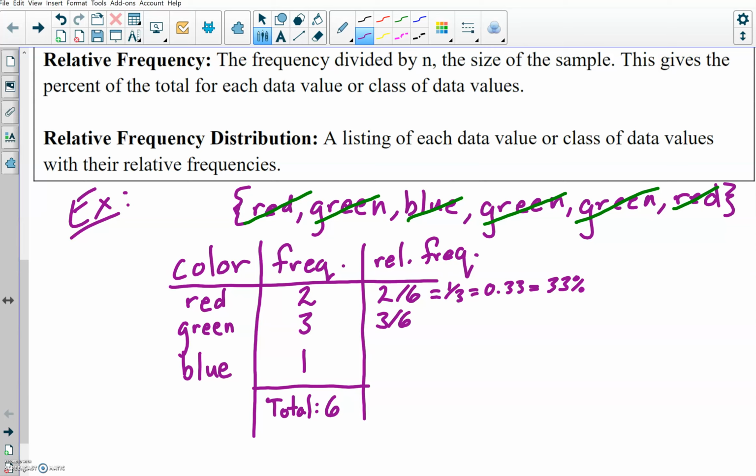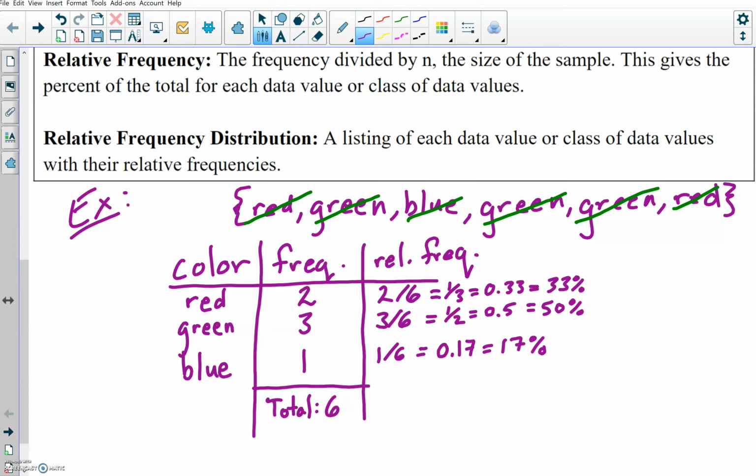3 over 6 is 1/2. And then 0.5 or 50%. And then last but not least, you got 1/6, which is 1/6 or 0.17 after you round, and that would be 17%.